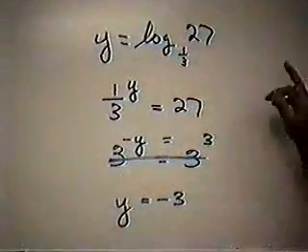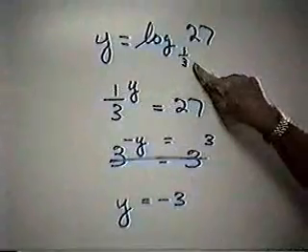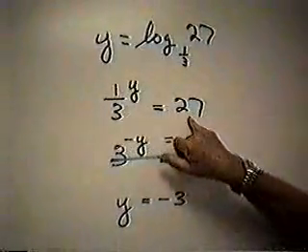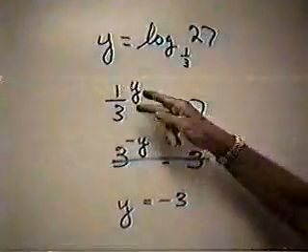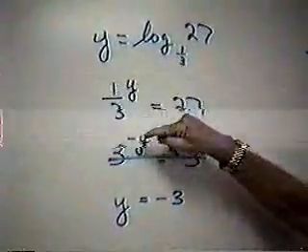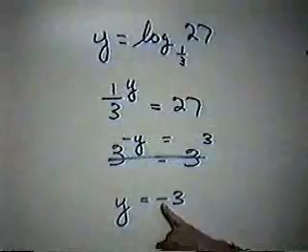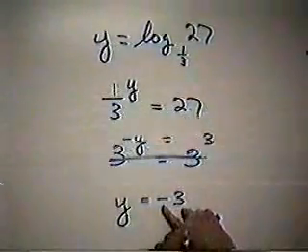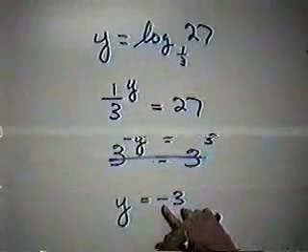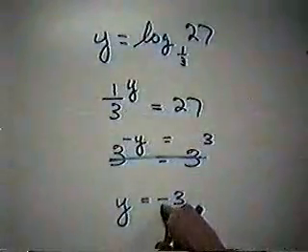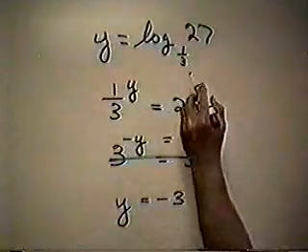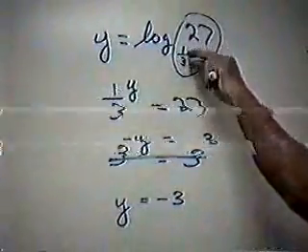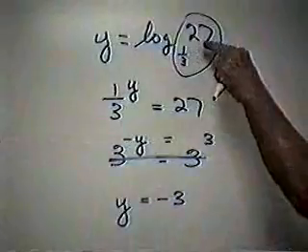Now, let's go back and look at the reasoning on this. 1/3 raised to what power is equal to 27? Well, first of all, if you have to flip a fraction over, it requires a negative sign. Then 3 to what power gives us the 27? 3. Now, when you see a negative here, what you're going to see is this: one will be a fraction less than 1, and the other will be greater than 1.